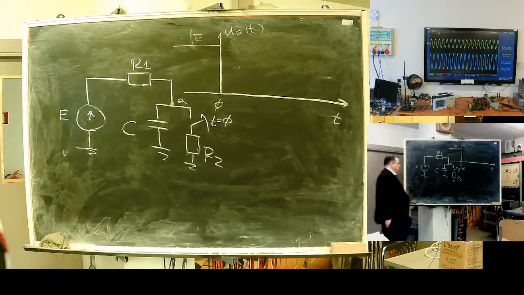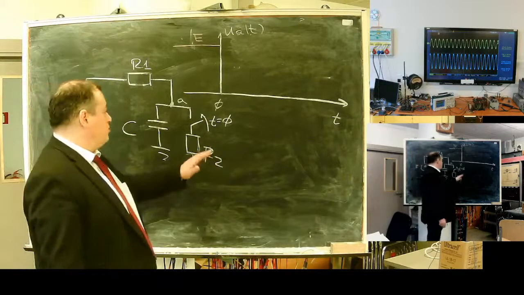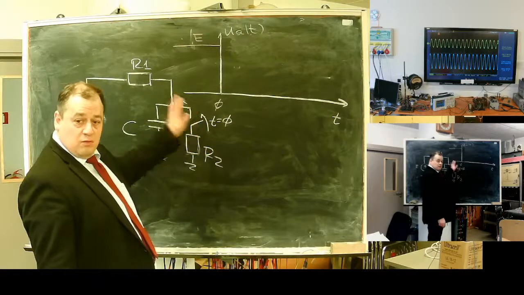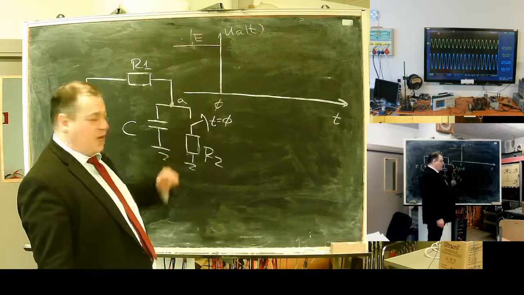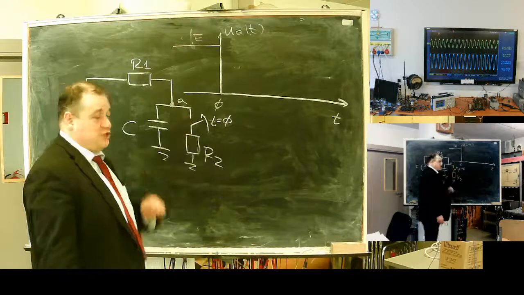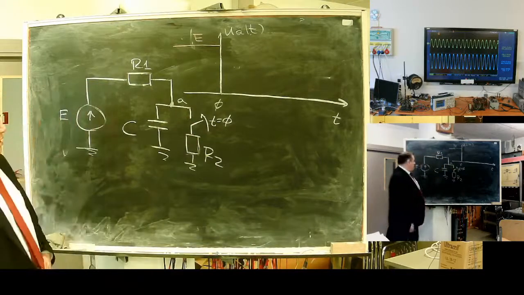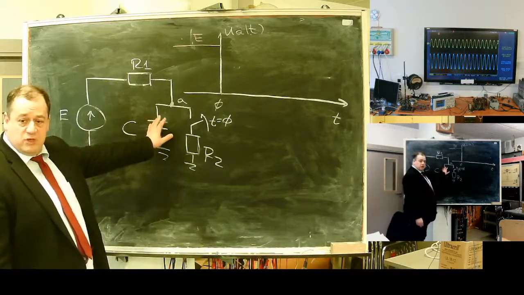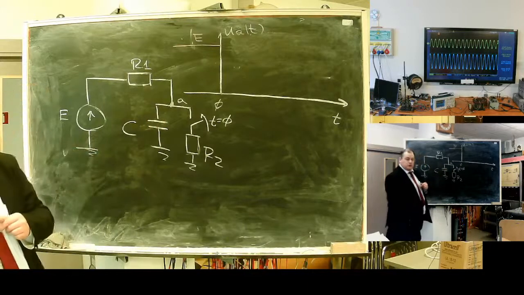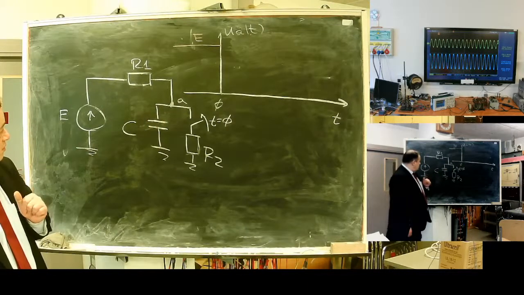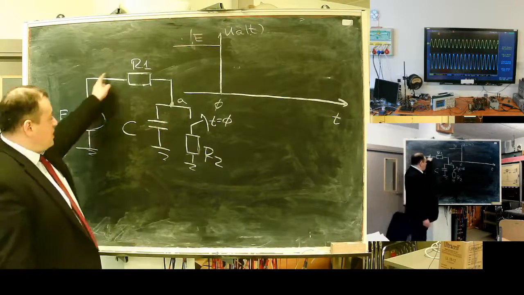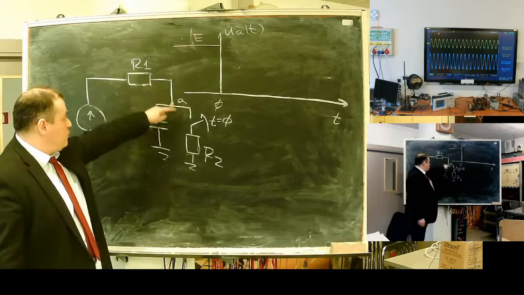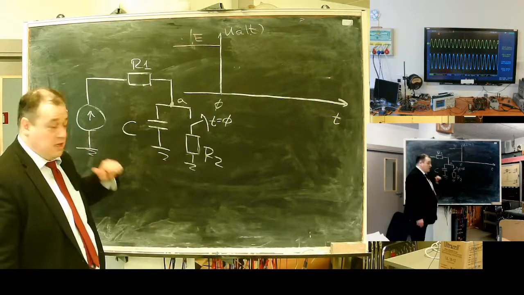Now if we assume a very long time, infinite time, after the switch. Again, the capacitor will be fully charged, but for what voltage? There will be a current through the first and second resistor.